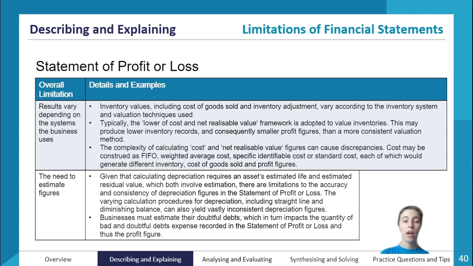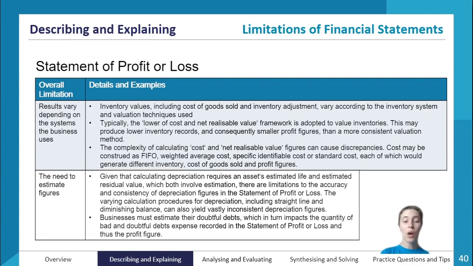So when it comes to things like inventory values, like the cost of goods sold and inventory adjustment, those figures vary according to the system and the valuation techniques that the business uses. So this sort of inconsistency can be a limitation.